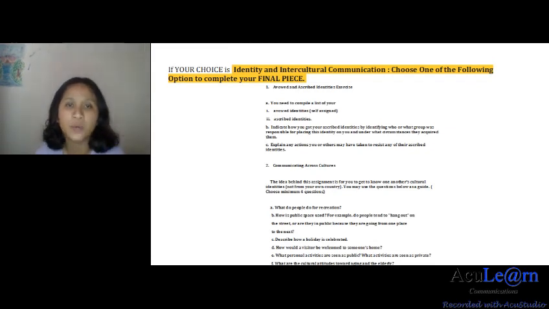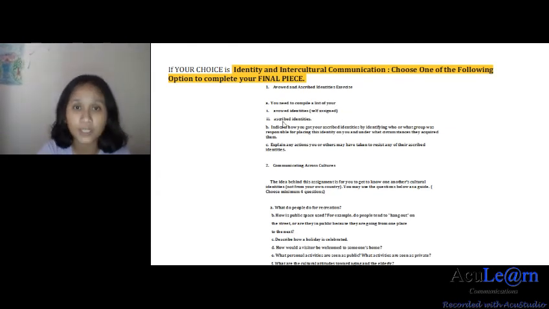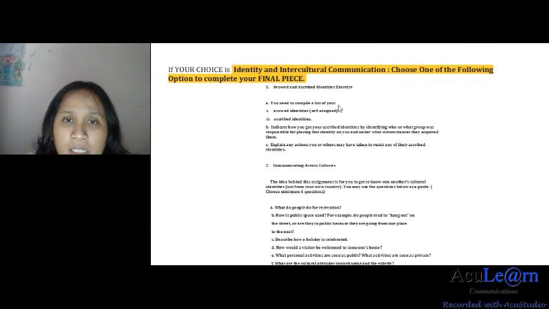The first one is about ascribed identities. Please read it right here. You need to compile a list of your ascribed identities, indicate how you got them by identifying who and what group was responsible for placing the identity on you, then explain any actions you or others may have taken to resist any ascribed identity.